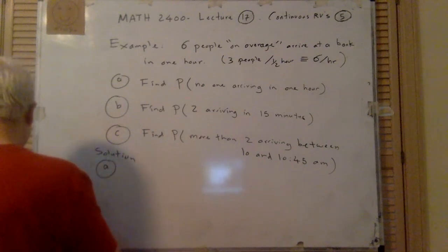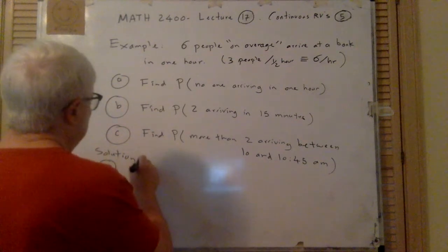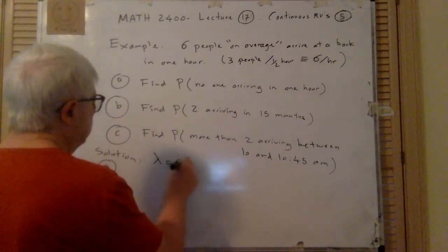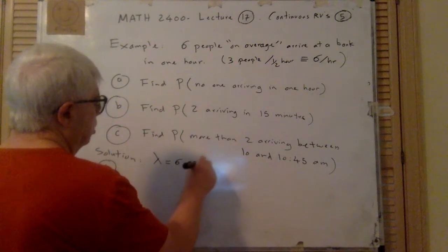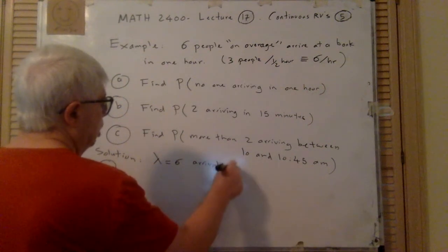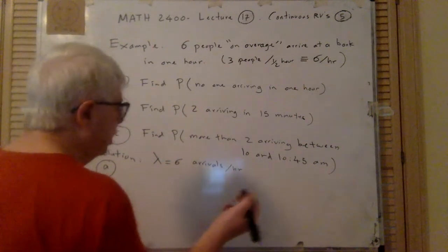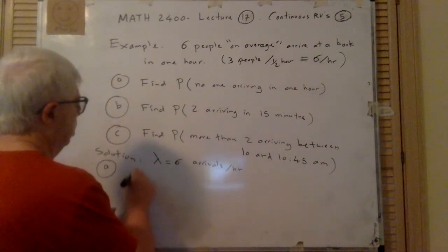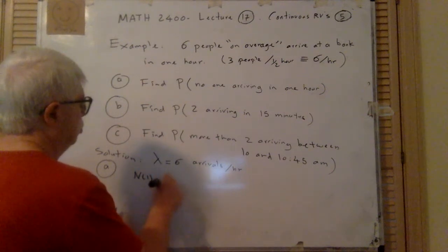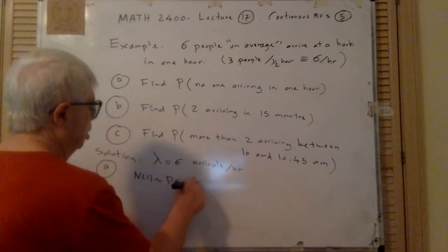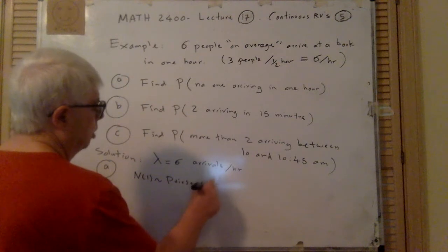We have lambda is 6 arrivals per hour. The first one is in 1 hour, so that is N(1), which is Poisson of lambda.